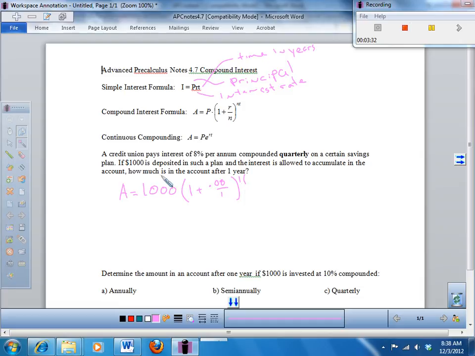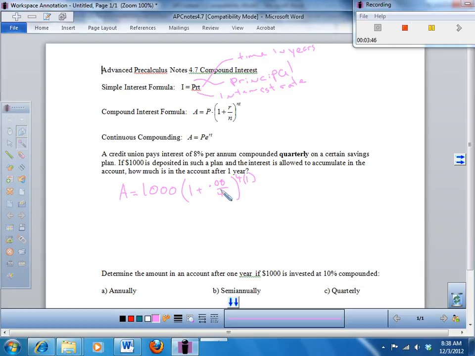It's 8% a year, but it says compounded quarterly. Sorry. So that's 4, and that's 4, and that's 1. Follow what I did? Good. It's compounded quarterly, so that's the number of times that your interest is compounded. This 4 goes up here as well, and this 1 is for 1 year.